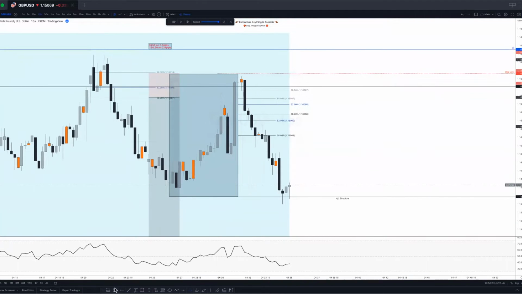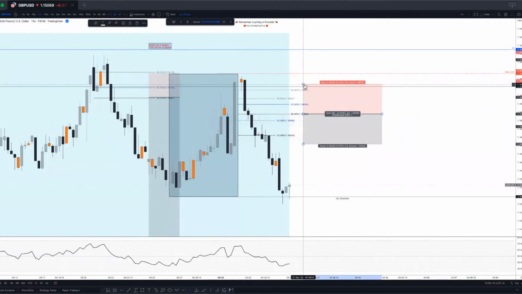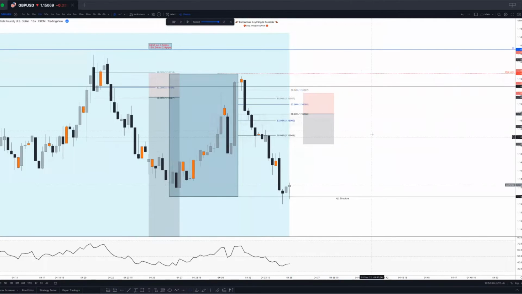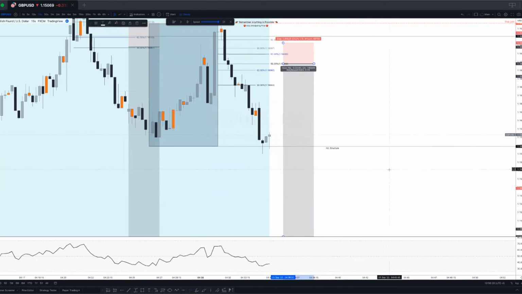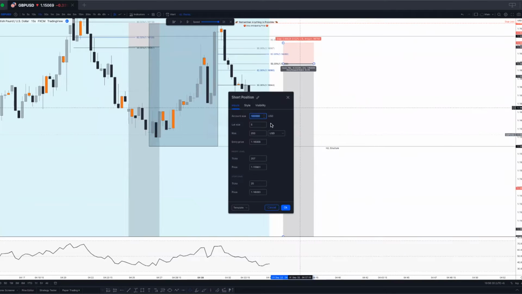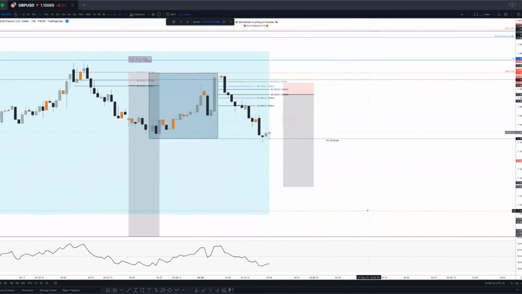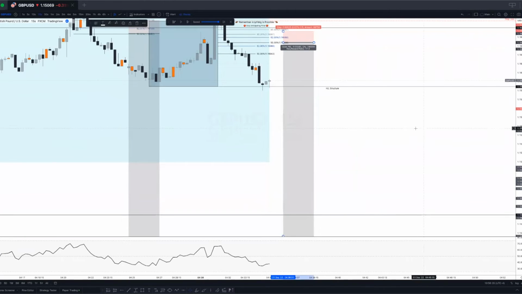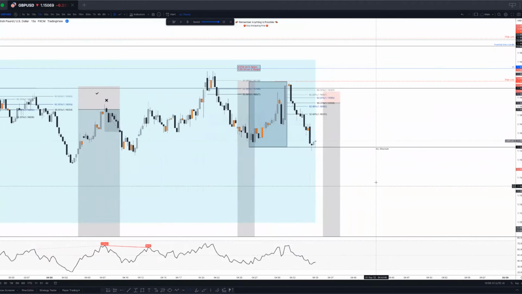I will, from here to here, so 2.5, right? So from there to there, 2.5 pips. It's 250. It's just a way to think about it, right?